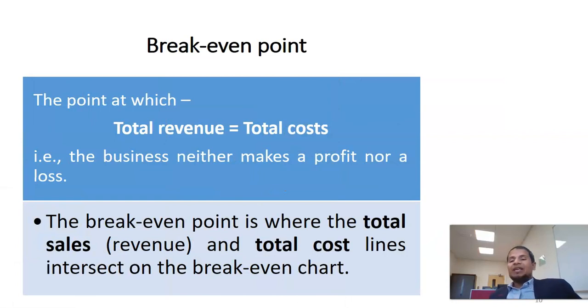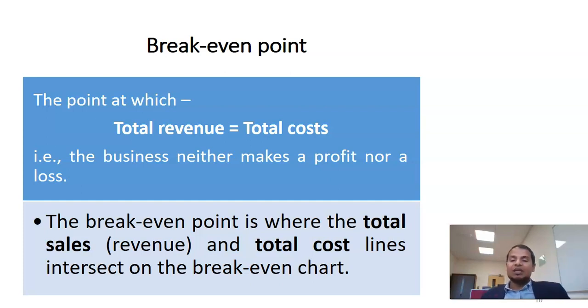So break-even point, as we mentioned before, means where the organization earns no profit or no loss. That means total revenue equals total cost. So total revenue minus total cost is equal to 0 ultimately.